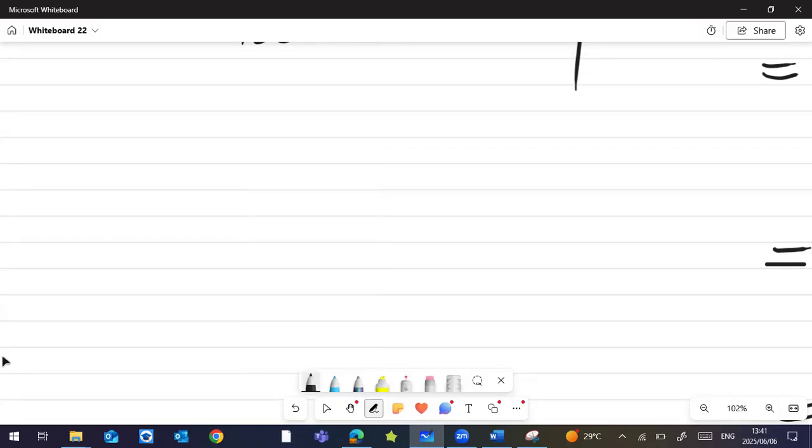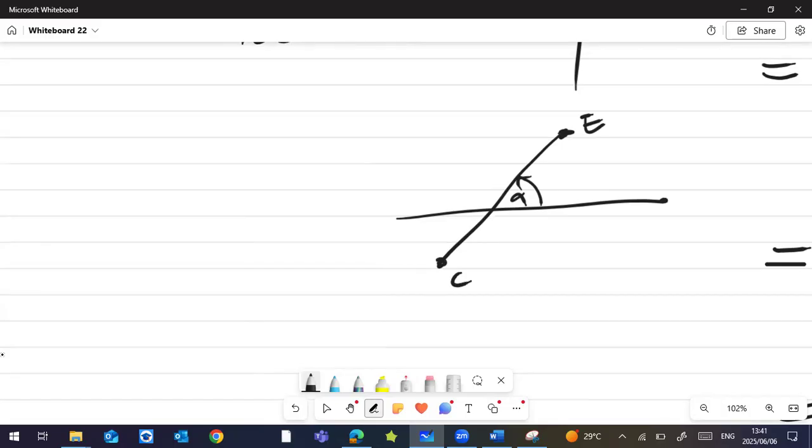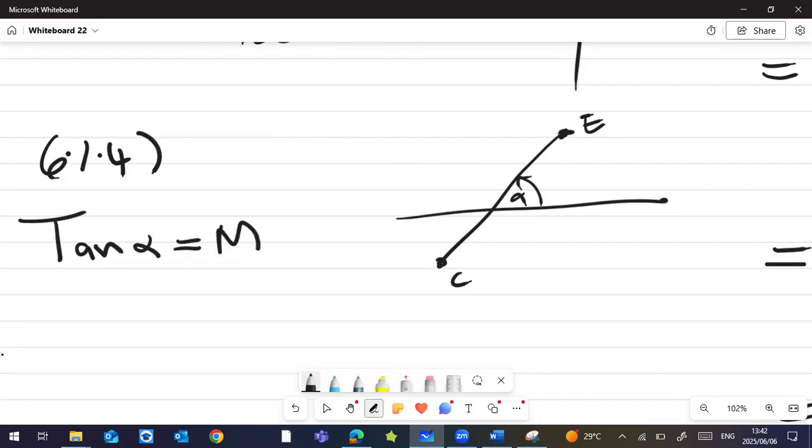If I look at the diagram, if we were to look at this as our x-axis, here is that angle of inclination, alpha. Then we have our point E, and then we have our point C. Now, tan of the angle of inclination equals the gradient of that line segment, which is line segment EC.